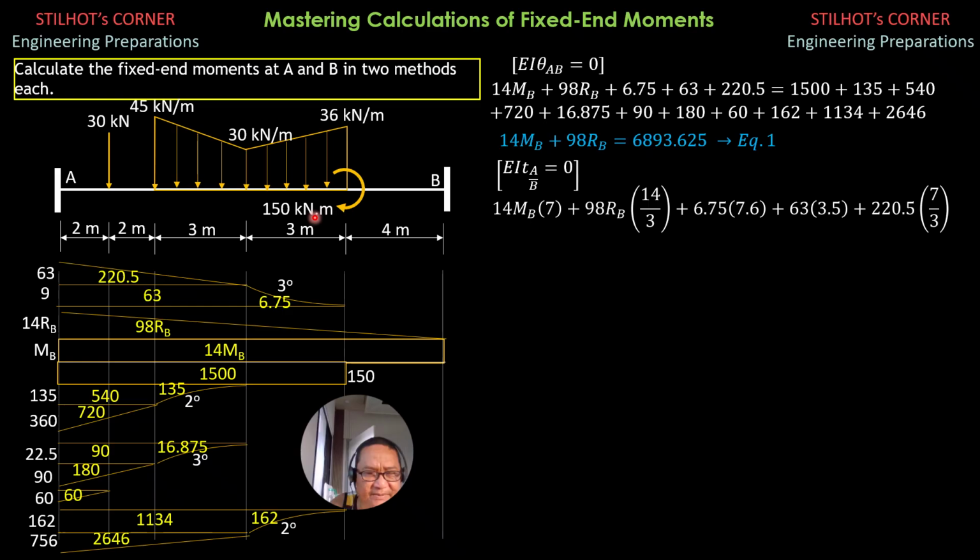So 3 over 3 plus 2, so 3 over 5, that's 0.6. 0.6 plus 7, that's why we have 7.6 here.